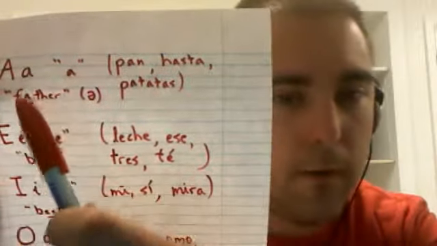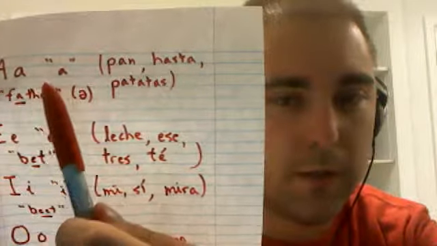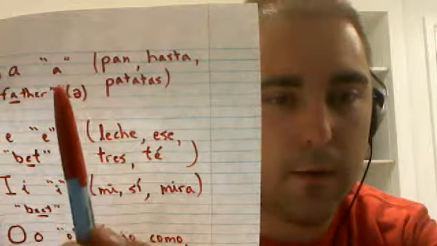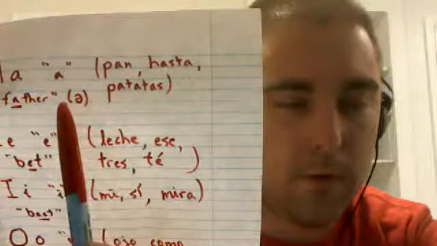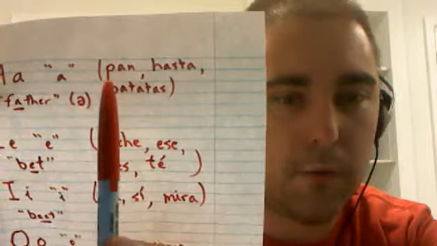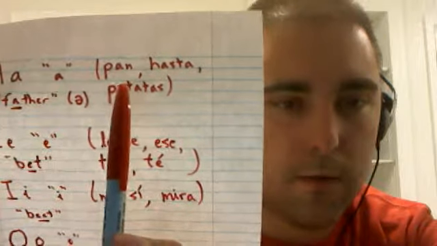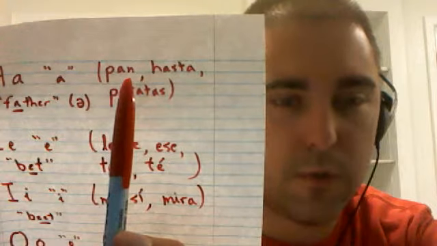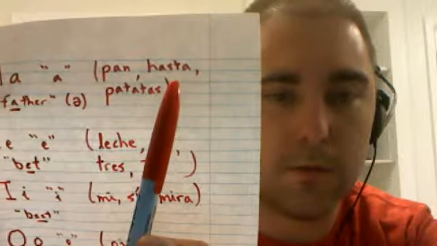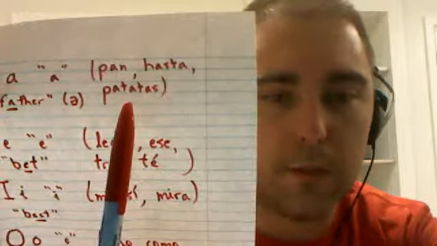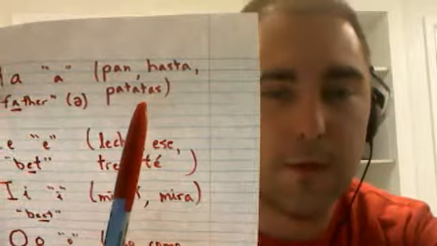The first vowel is the Spanish A, which looks just like the English A, but it's pronounced ah, as in the English word father. So an example in Spanish is this word pan, which means bread, or hasta, which means until, or patatas, which means potatoes.